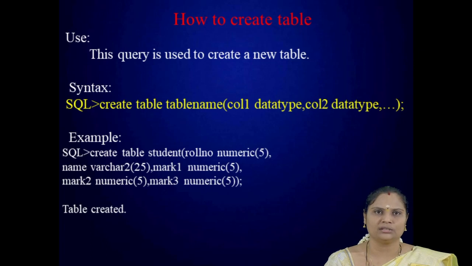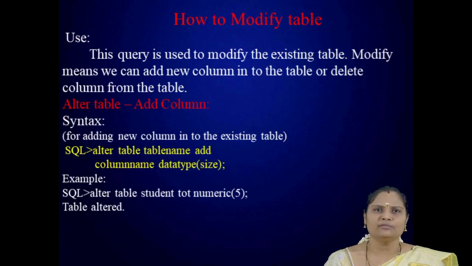If we want to modify the existing table, we can use the alter query. Using this alter query, we can add new column to the existing table or remove any columns from the existing table or rename the column in the existing table.